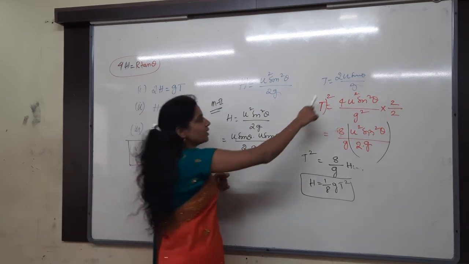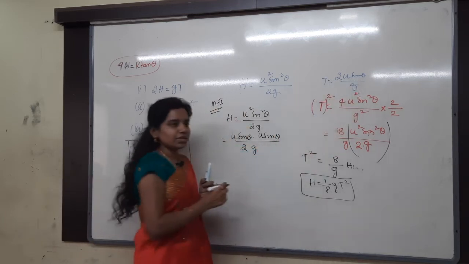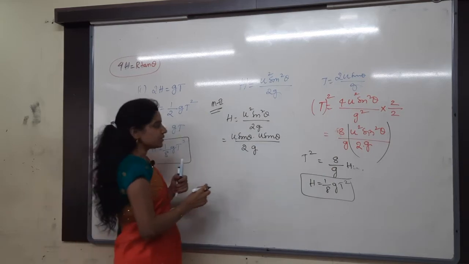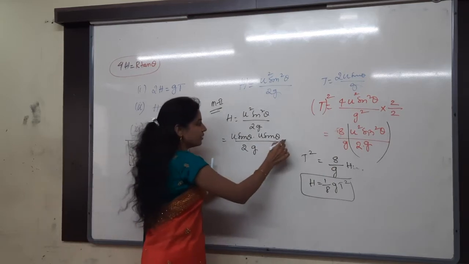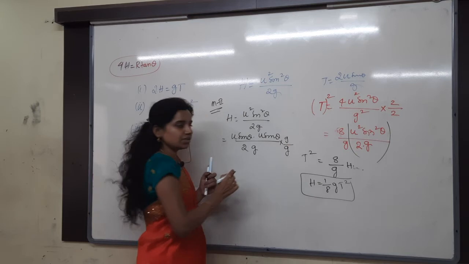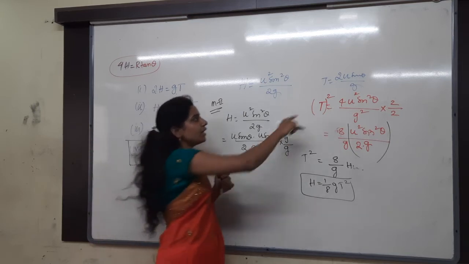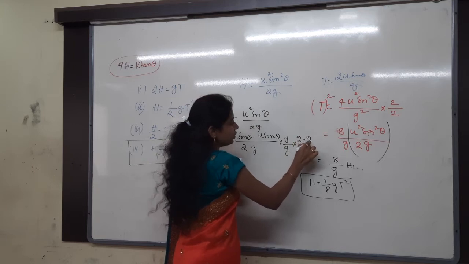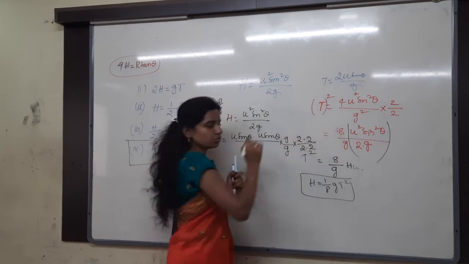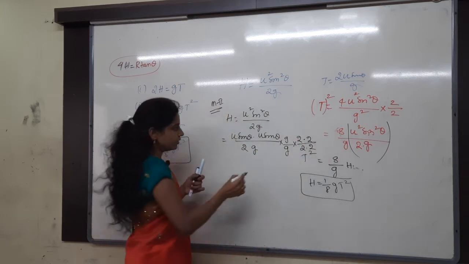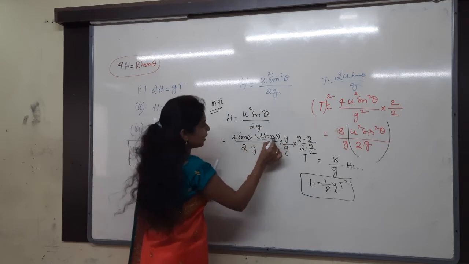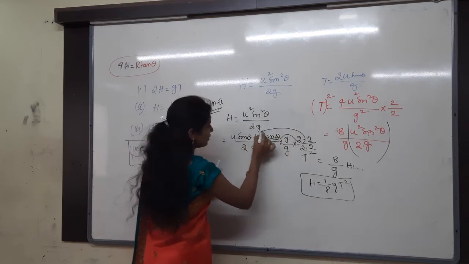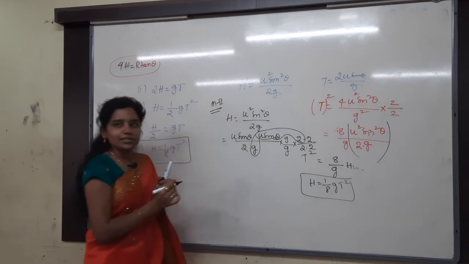So what is our formula? 2u sin theta by g. For that purpose, I don't have one more g. Let me multiply and then divide with g. Then I don't have 2 also. So for that, let me multiply with 2 into 2, divide with 2 into 2. Now here 2u sin theta by g, what I can write that one as?